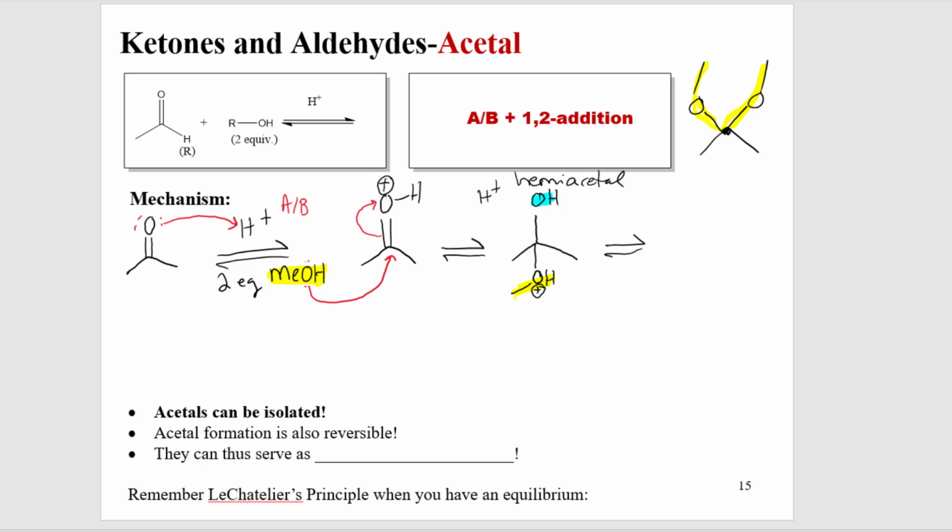So the oxygen can grab a proton, and there's probably a conjugate base around, the solvent itself, that can take off the extra proton. This is called a proton shift, and you've seen them in a previous slide. They're what electron-pushing organic chemists use as shorthand in order to make things better leaving groups. We're in acidic conditions, so anything can be protonated to make it into a good leaving group.